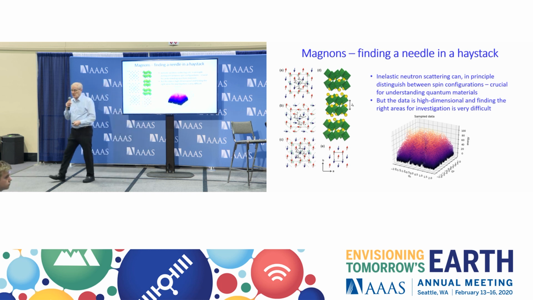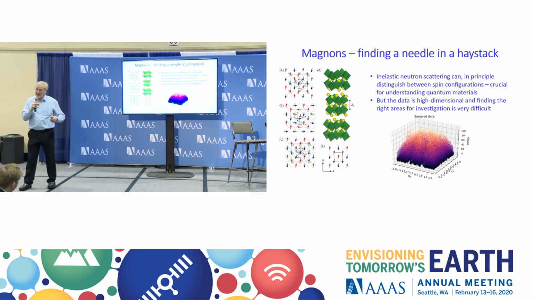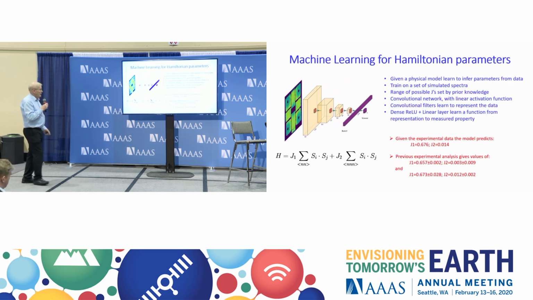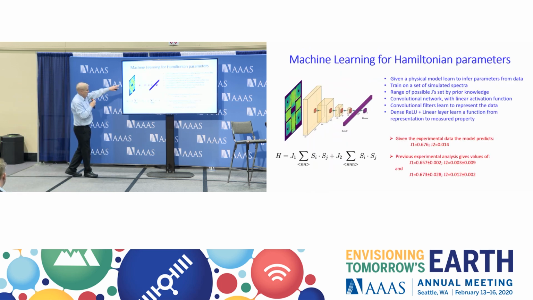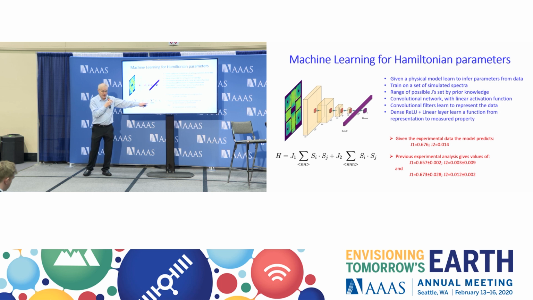And scientists have spent a long time trying to understand the data that they're generating, and so we thought we'd see if we can do something using machine learning, deep learning methods. And so here is an example of the images you get, and then these are the various layers of the neural network. It's a convolutional neural network, and we're trying to find out the values of these parameters in this Hamiltonian describing the system.